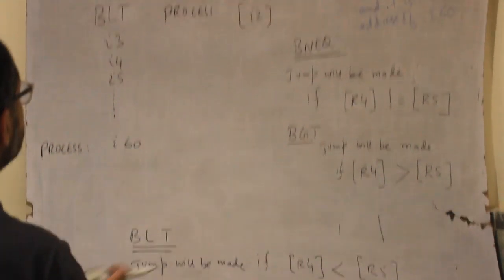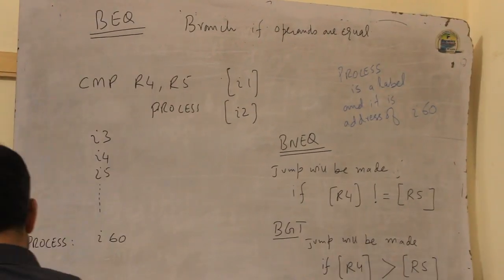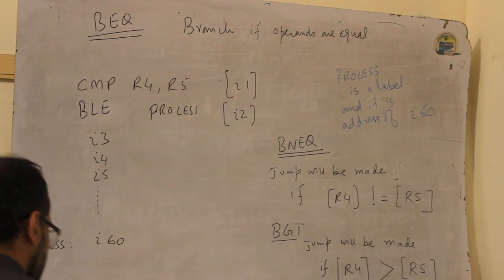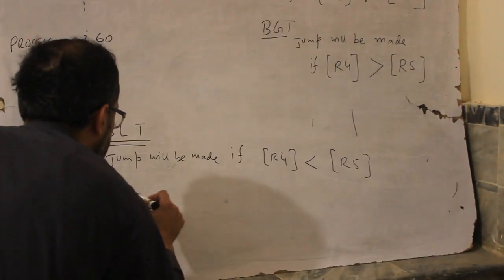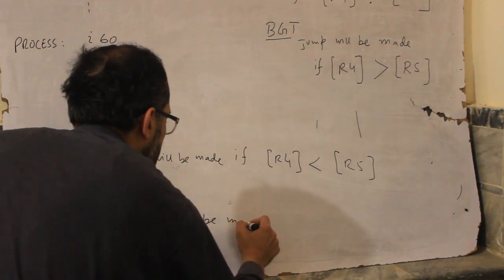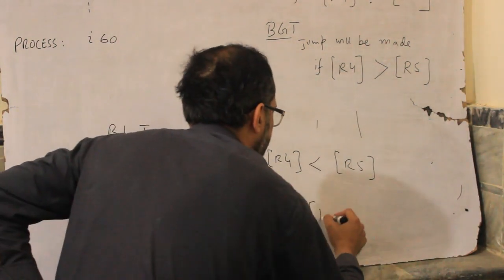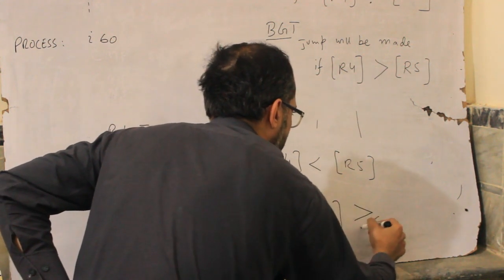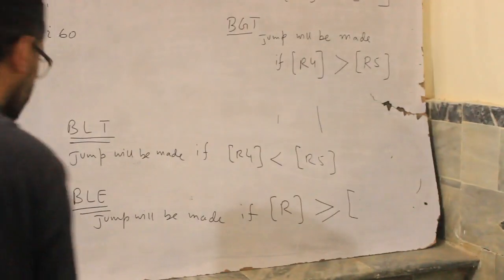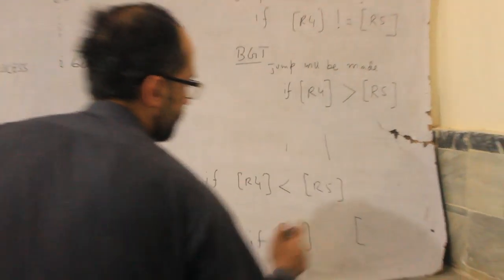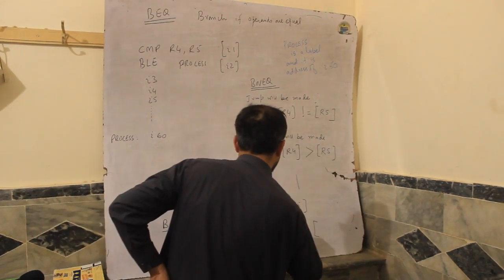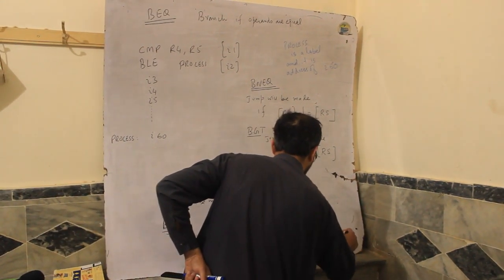If you replace this BLT with BLE, a jump will be made if R4 is less than or equal to R5.